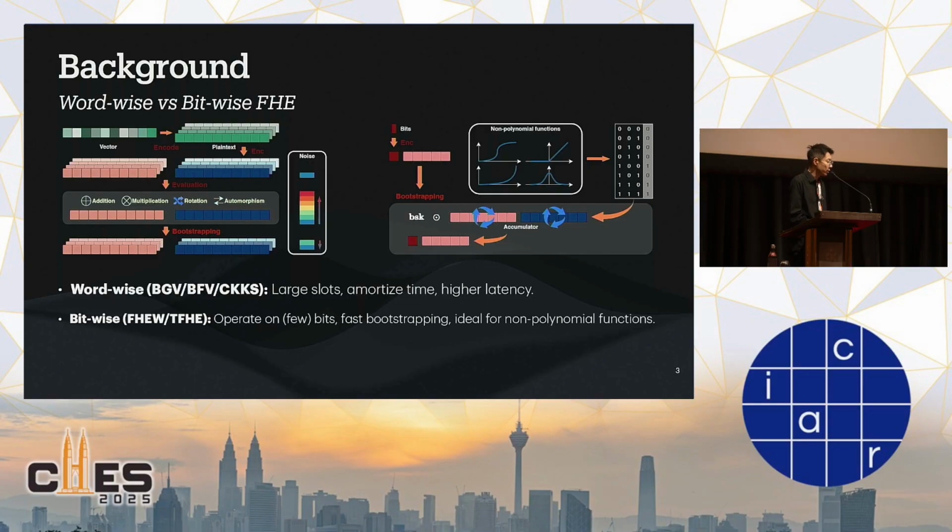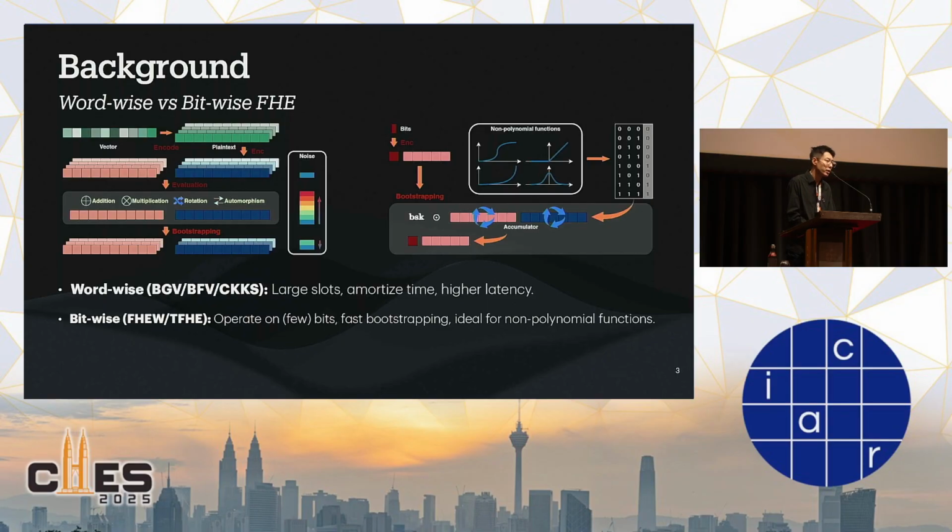And I think the second difference is their ability of calculation, because wordwise schemes are able to do all types of linear functions, because they have the basic operations of addition and multiplication, and also some functions like rotation or automorphism.